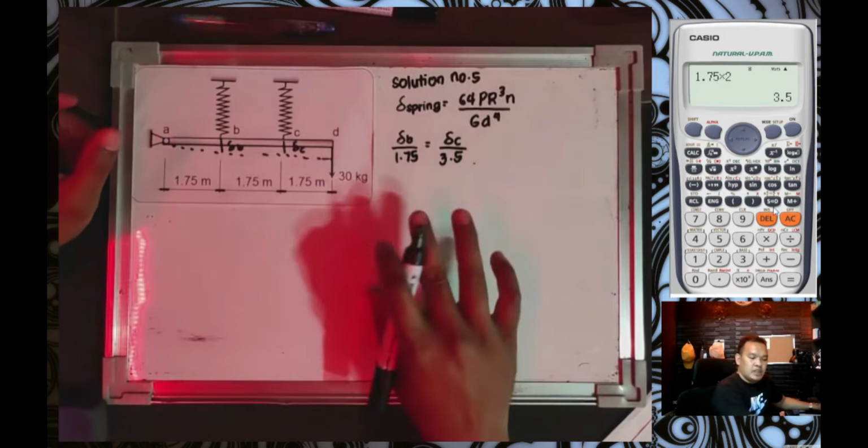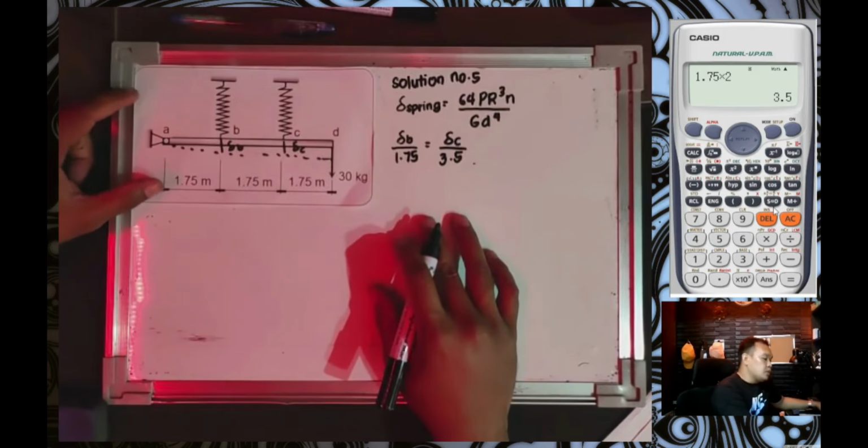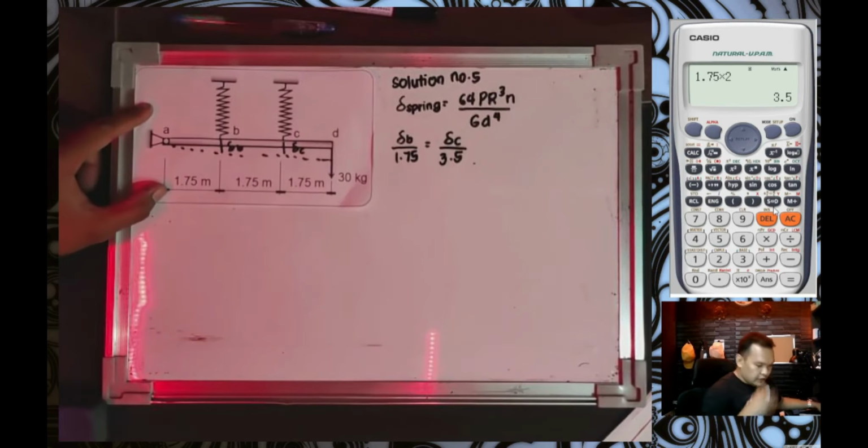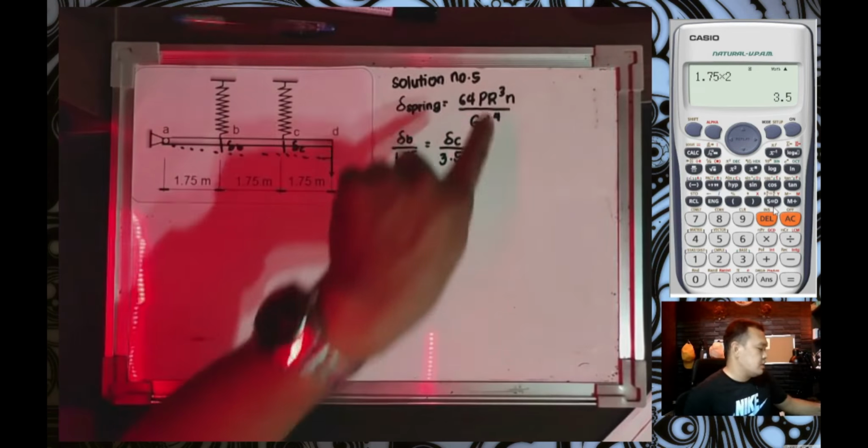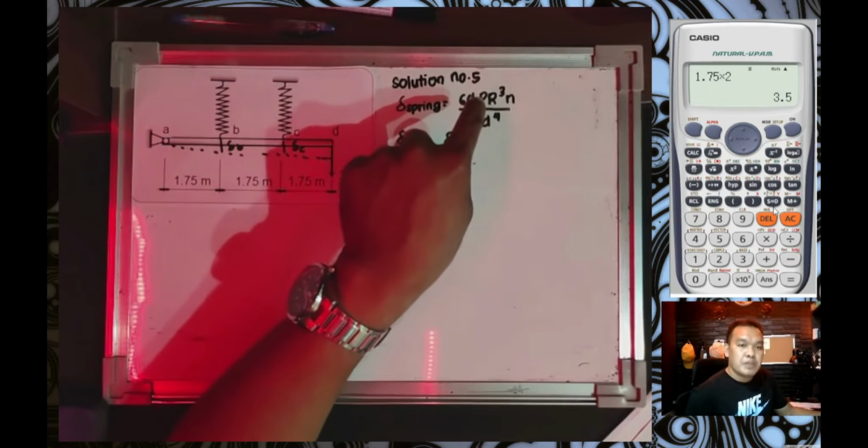So, yan na yung magiging ano natin. Tapos, ilalagay na lang natin yung mga values. Okay? So, let's say that pinapahanap ay force daw PC over PB.